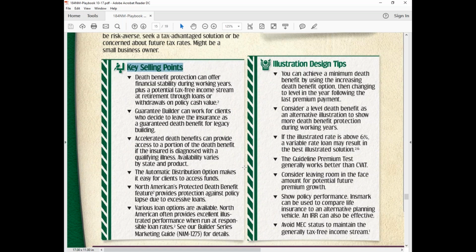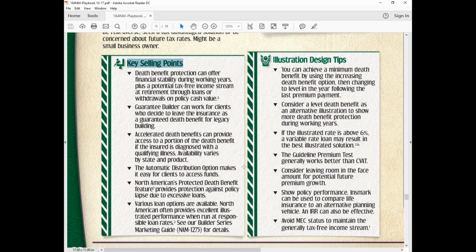To pick out a couple of them, I'm not going to read this all for you because, like I said, you guys are going to get a copy of this after the session. But I am going to pull out a couple. You have a client who wants a guaranteed death benefit for their legacy as well as the potential for accumulating cash value. Well, look at the Guarantee Builder.